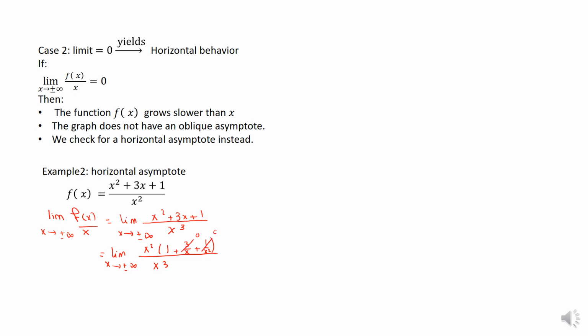The terms tend to 0. You will have x in the denominator, so the result will be 1 over x, so the limit will be equal to 0. In this case, the function will admit a horizontal asymptote. In other words, when the degree of the numerator is less than the degree of the denominator, the function admits a horizontal asymptote.